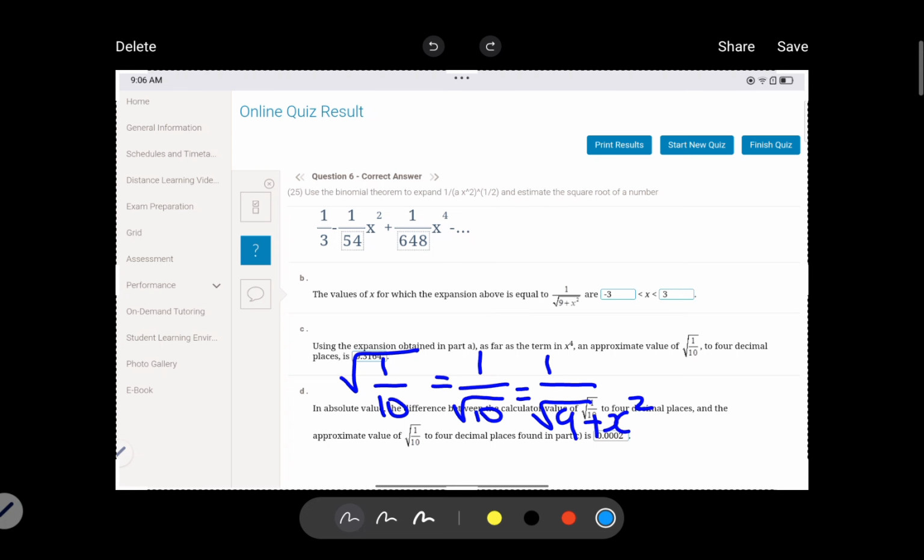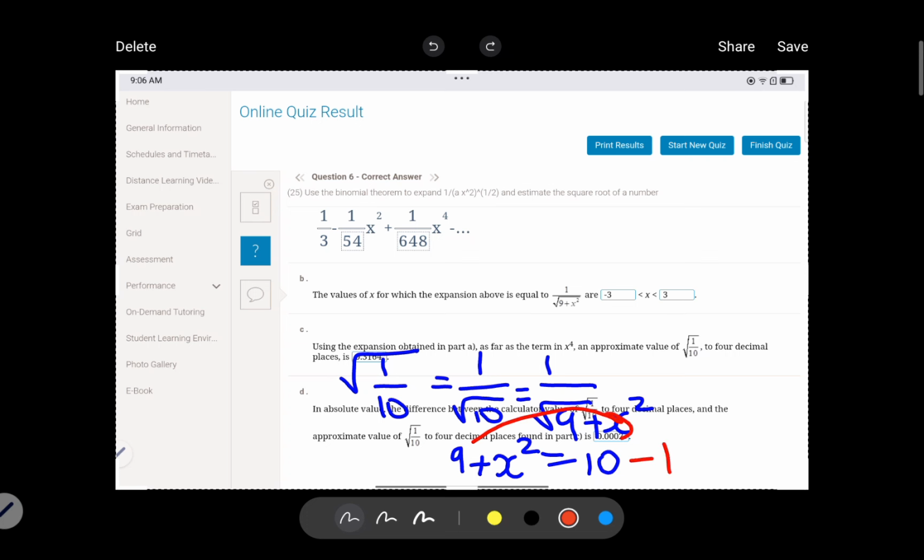Now what you have to do is 9 plus x squared is equal to 10. Move the 9 to the other side, minus 9. You will get x squared equals 1.